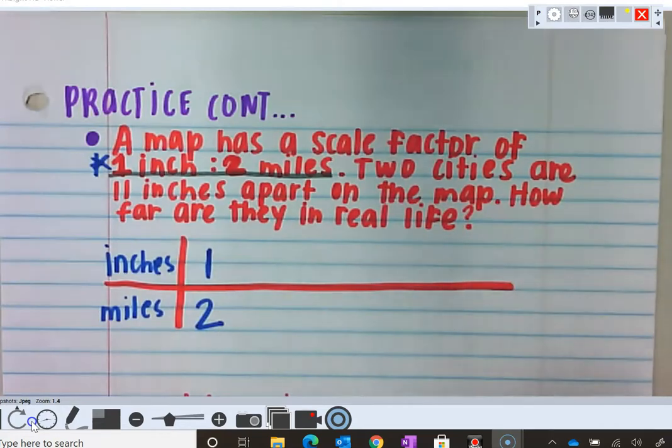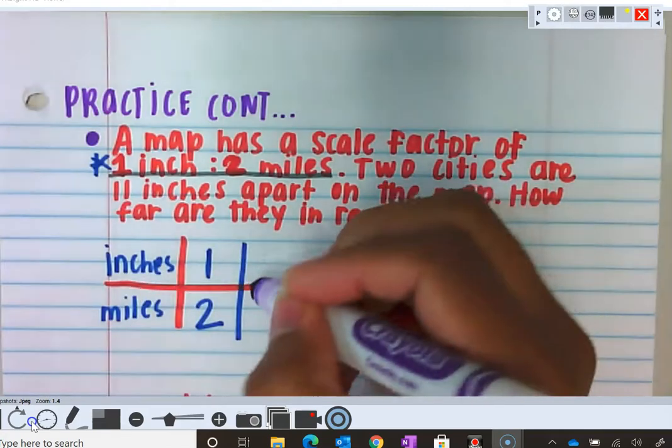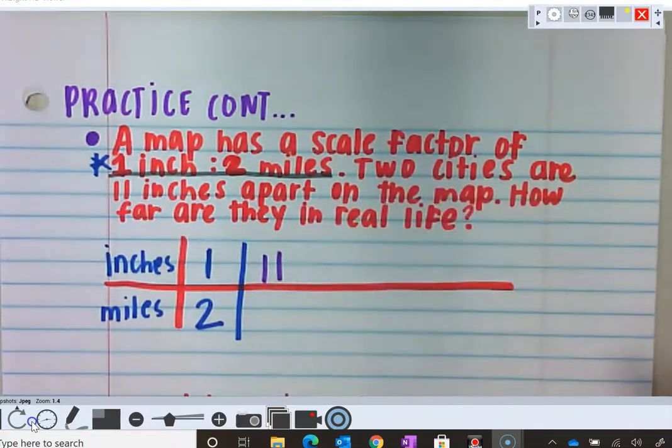All right. So 11 inches apart on a map. So where is inches going to go? Well, as we can see, inches is at the top. And so we have 11 inches, but we want to know how far are they in real life? In miles.